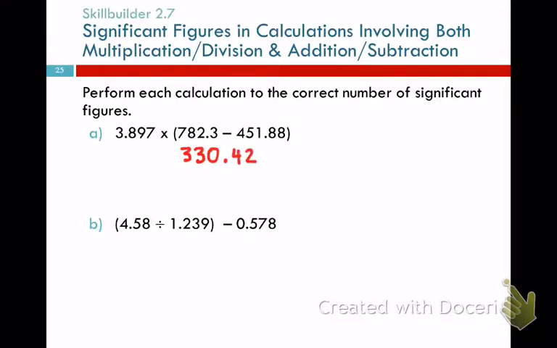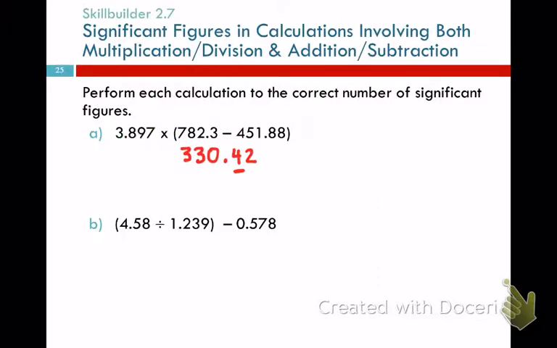Now, you notice I only know this number to the tenths place. That means when I do the subtraction, I don't really know the hundredths, I only know the tenths. So the last significant digit in that number is the 4. That makes sense? Because I know this number to the tenths, I need to know this number to the tenths.